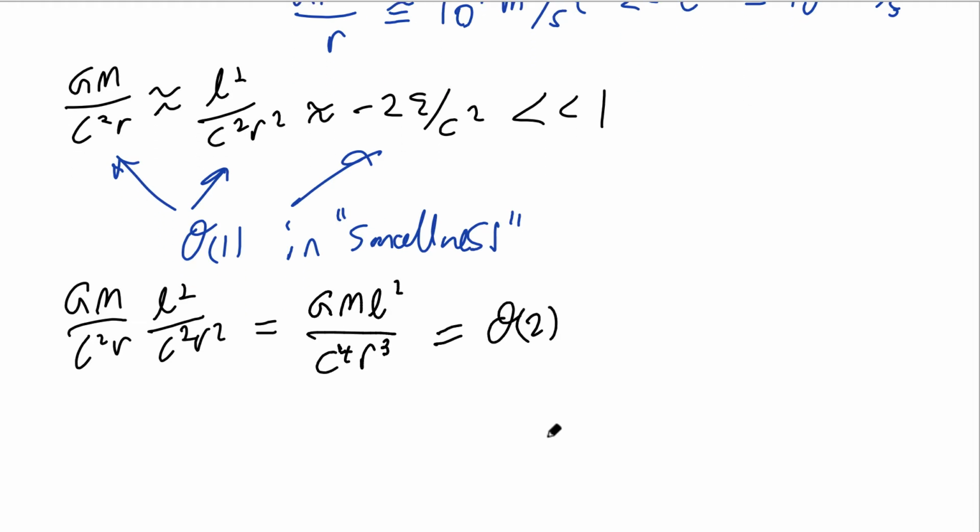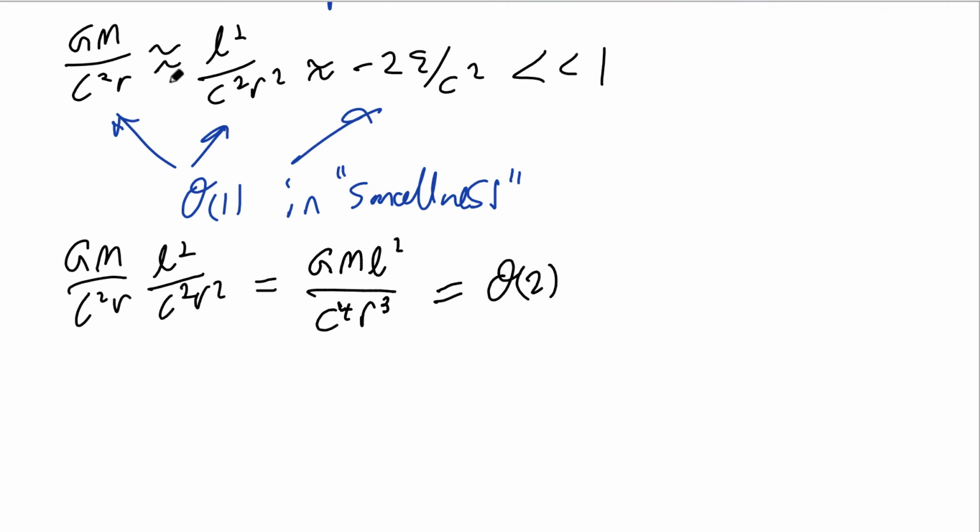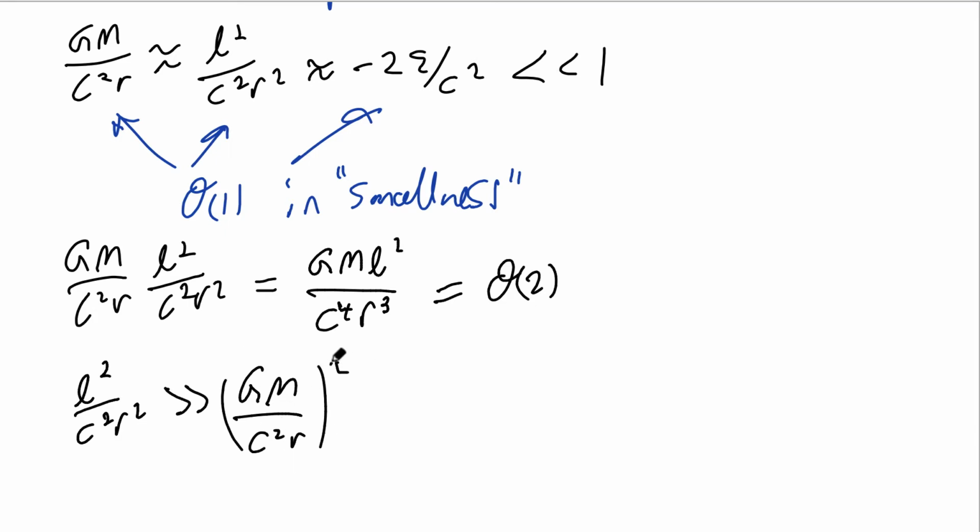As another example, we can take L squared over c squared r squared, which is order 1, and compare it to the square of Gm over c squared r, which, squaring this, would give us an order 2 quantity. So L squared over c squared r squared is much larger than Gm over c squared r quantity squared.